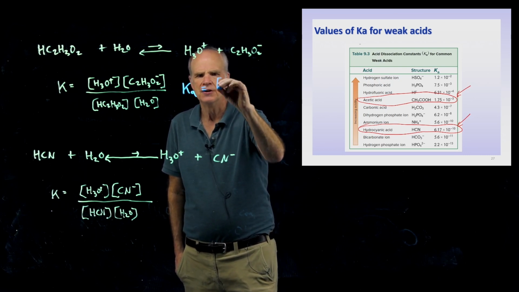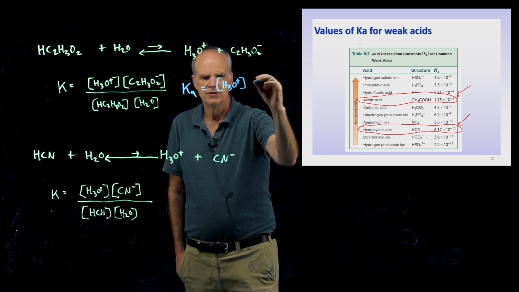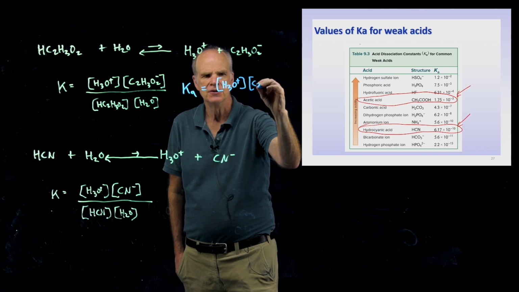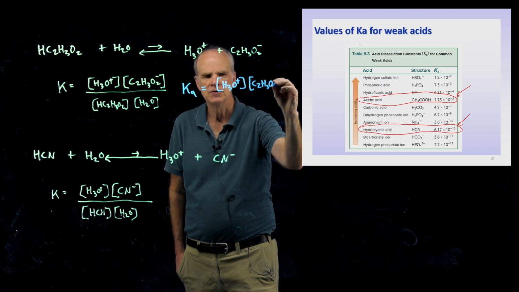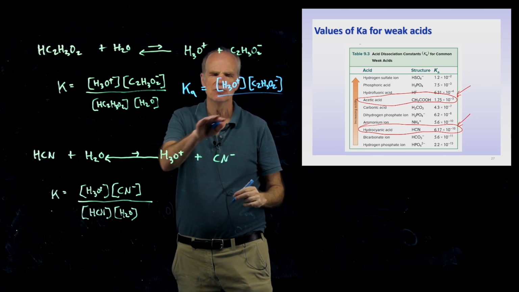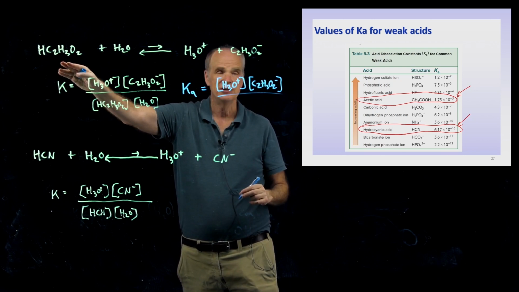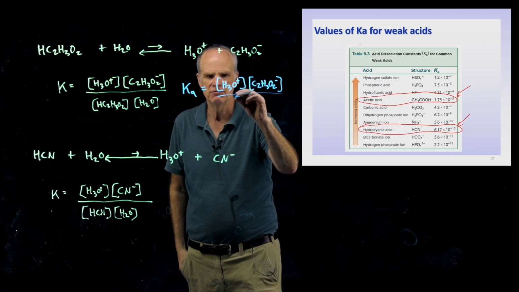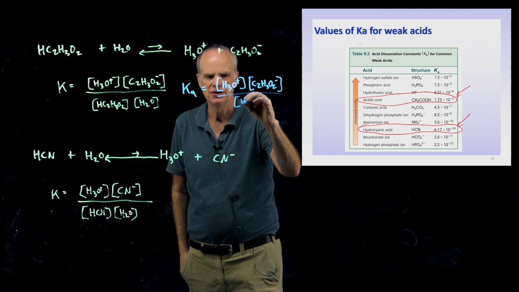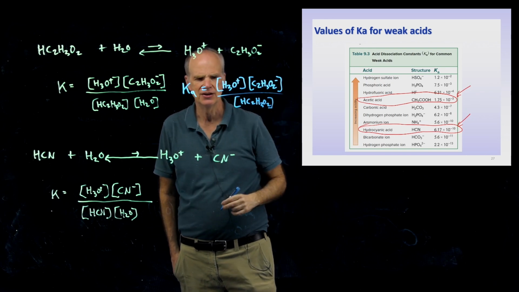The products are hydronium times acetate over reactants, but here we do not include water. We just include the acid concentration. So again, we leave out the water concentration and just have the acid concentration. I'll talk about why we did that in a second.